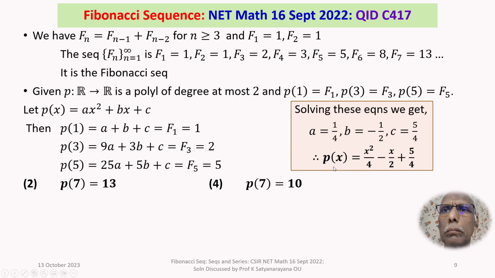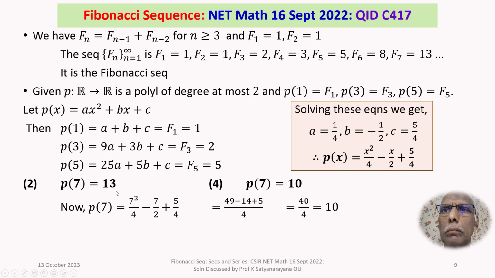So now take this P of x and put x equal to 7. Now P of 7 is equal to 7 square by 4 minus 7 by 2 plus 5 by 4. Take the LCM. The numerator is 49 minus 14 plus 5, by 4. Simplify, 40 by 4, that is equal to 10. So P of 7 is equal to 10. Option 4 is true.